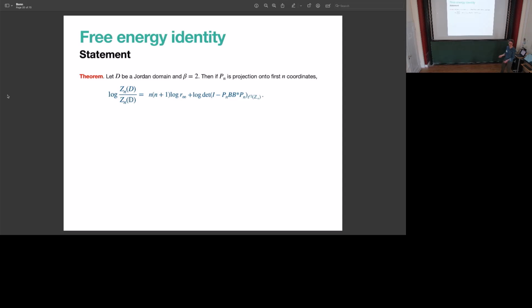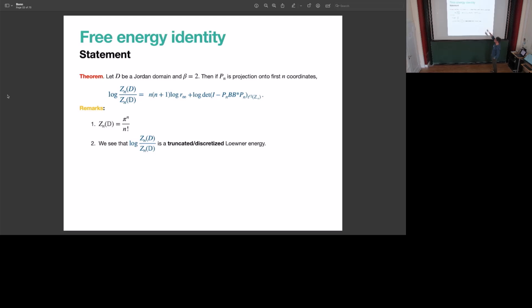So this is now an identity. If you compute the partition function for the disk, it is just equal to that. But we see from the formula that we can view this free energy of the confined Coulomb gas as a kind of truncated or discretized Loewner energy.